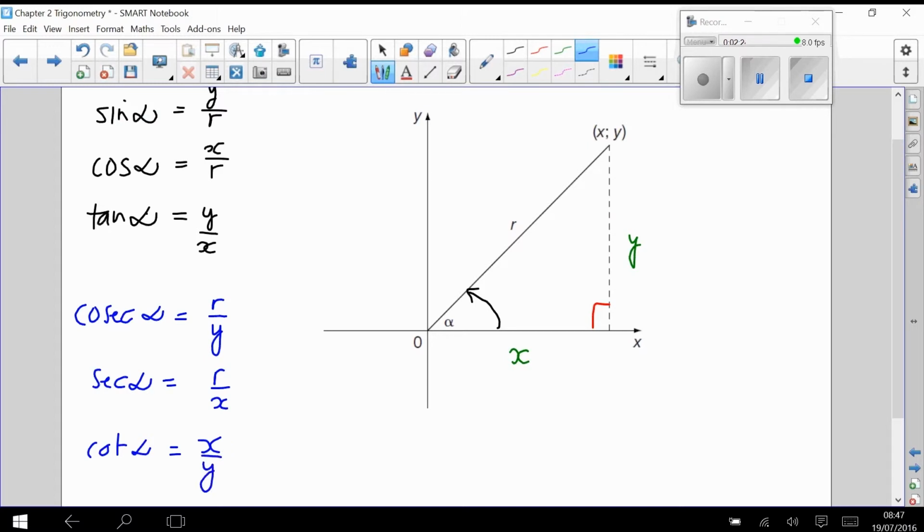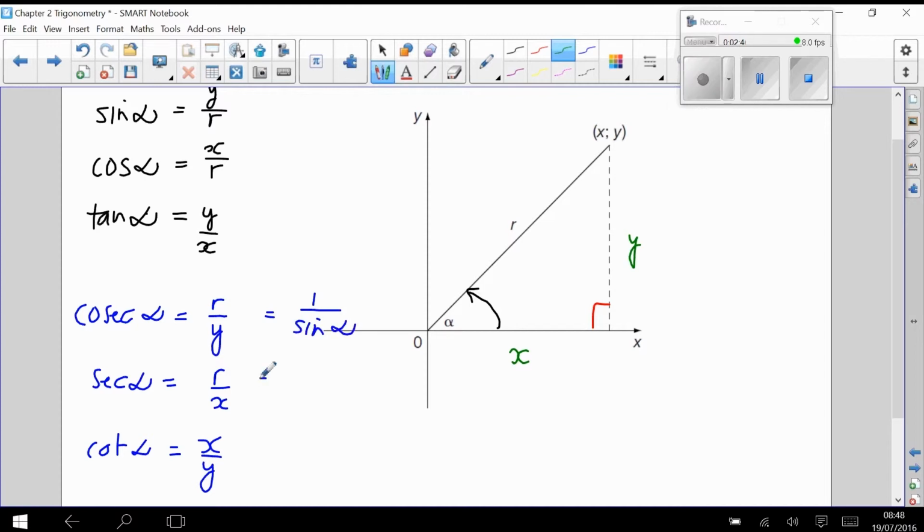You now can see that we have 6 very nice ratios that we can use in our right-angled triangle. If I had wanted to, I could obviously have written cosec alpha as 1 all over sine of alpha.